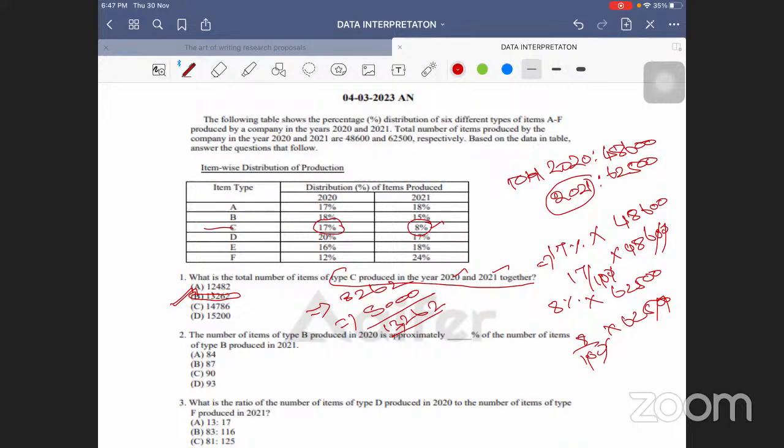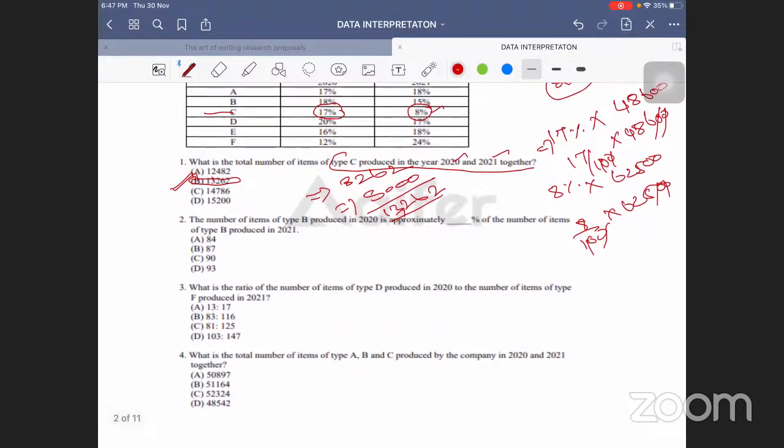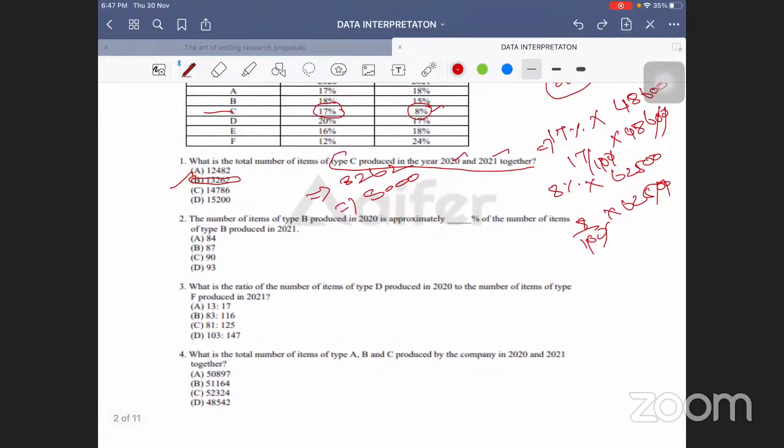Based on this concept, they ask the questions, so look very carefully. If you have any doubt, please unmute yourself and ask immediately. I can clear your doubts. Is everybody clear on the first sum? Can I move on to the second one? Yes, sir. Okay, thank you. I hope everybody understood.